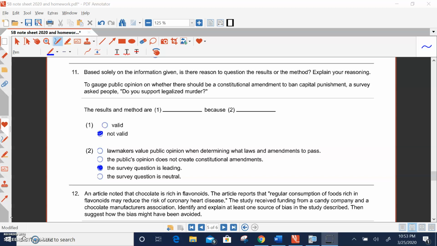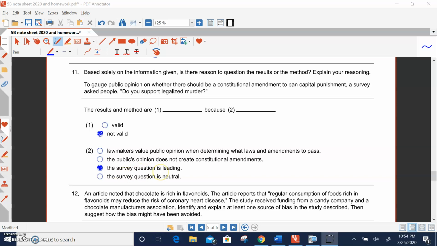A survey asked people, do you support legalized murder? This is a situation where the question being asked can be misleading, and the question could cause the results to be biased. I would say it's not valid.